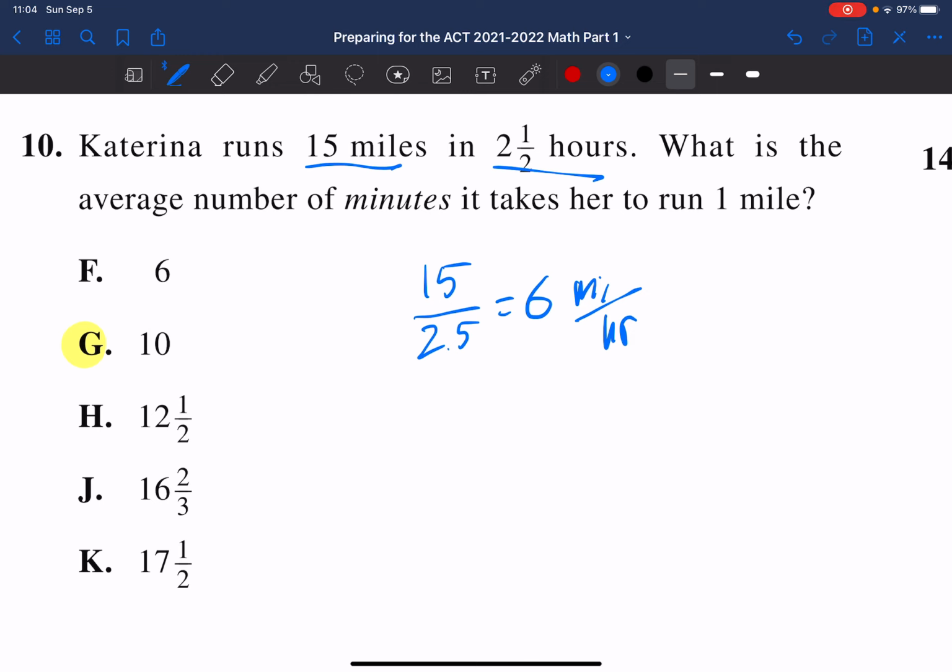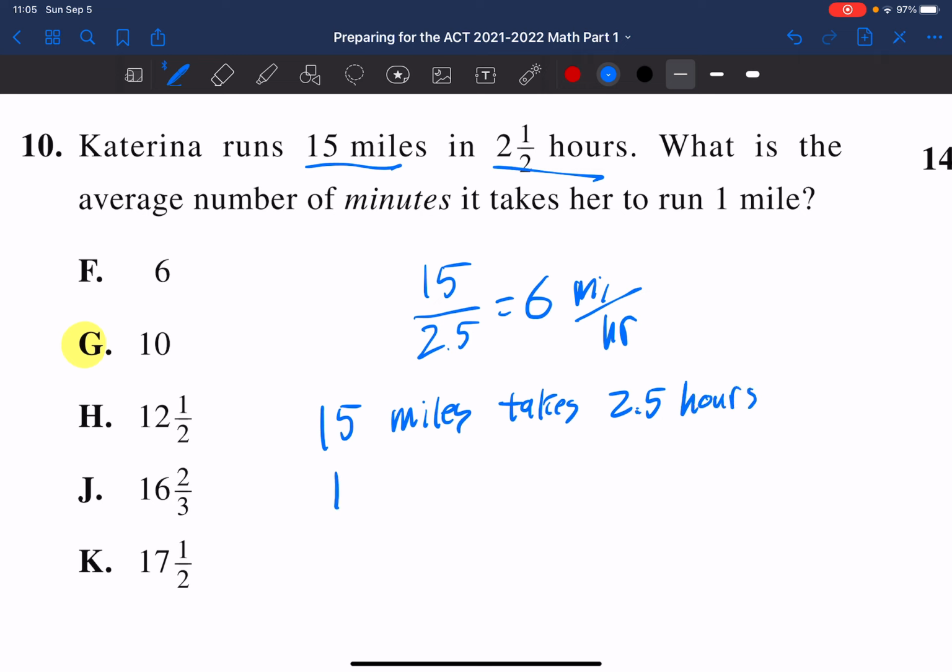Now, why is that? Well, that's because we're not asked to find the number of miles she runs in an hour. Rather, we're asked how many minutes does it take for her to run 1 mile. So what we have to do is ask a different question. 15 miles takes 2.5 hours.